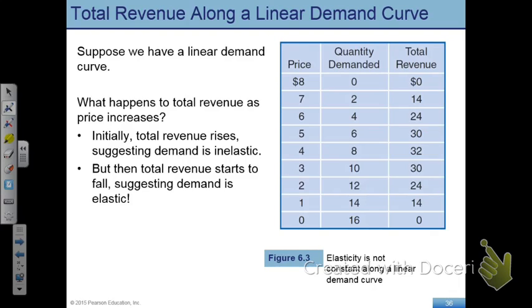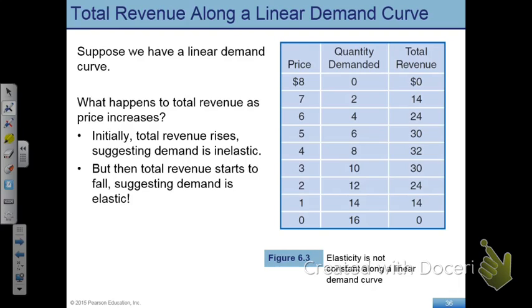Between a very high price and a very low price, we are now looking at some numbers, some prices, and the way total revenue is affected by these prices is fascinating. Let's start from the top. When the price goes down from 8 to 7, notice quantity demanded increases from 0 to 2. Total revenue increases to $14. Price goes down from 7 to 6.